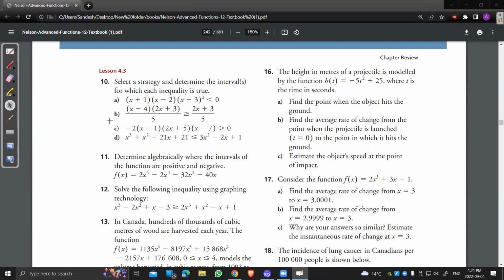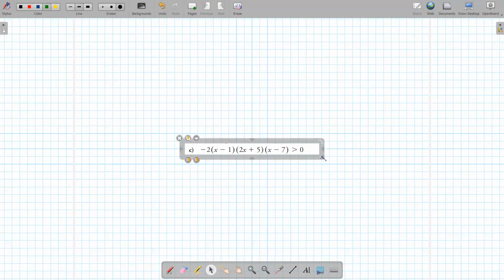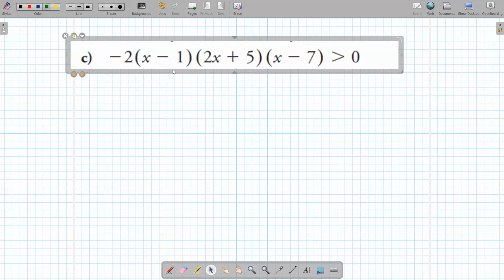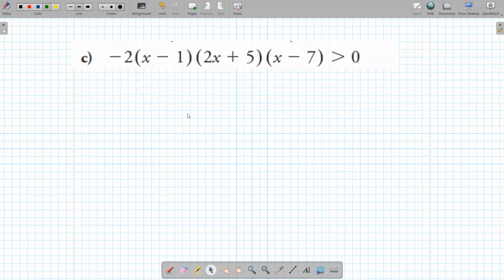Here they were nice enough to factor this for us. What's the degree of this polynomial? Degree 3. Is it opening up or down? Down. Yes. So there's two ways to do this, right?